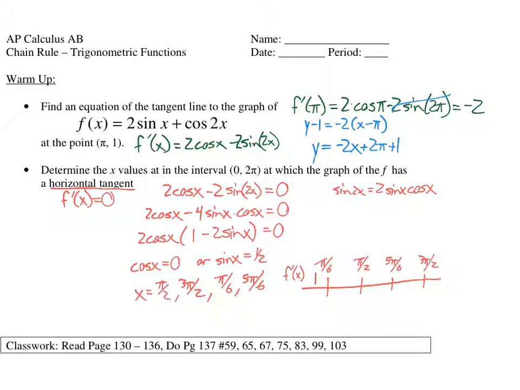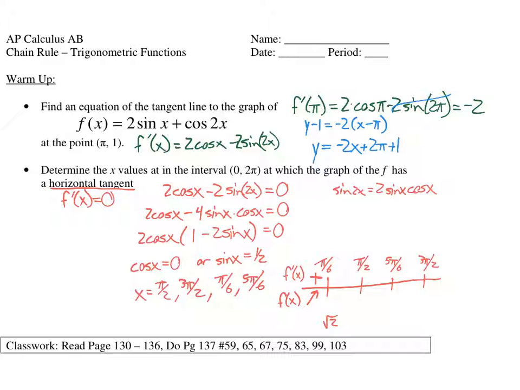All that we care about is the sign, which means our function f of x is increasing before we get there. Then, if we test something between pi over 6 and pi over 2, say a pi over 4, alright, 2 times cosine of pi over 4, which is root 2 over 2, so that's going to be a root 2.